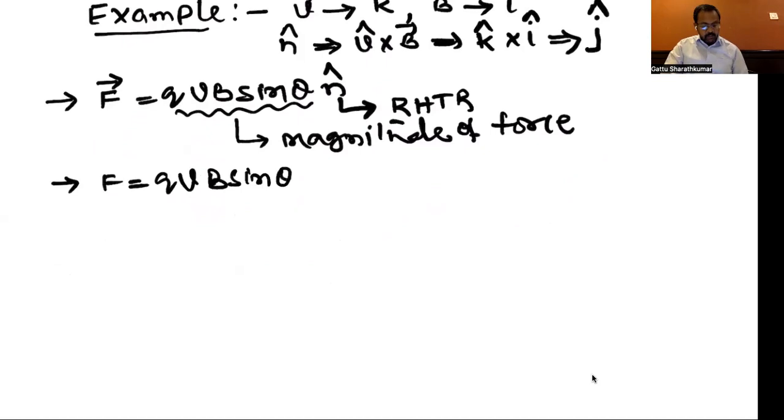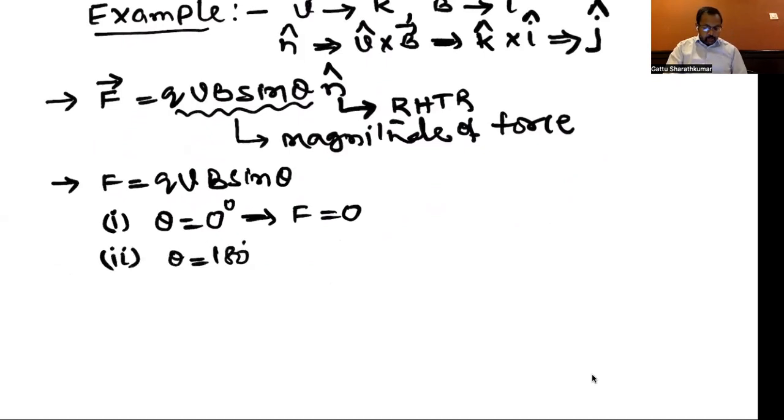In this, the first point, let me take theta equal to 0 degree. Meaning is force becomes 0. There is no force acting on the particle if it is shot parallel to the magnetic field. Number 2, if theta is equal to 180 degree, in that case also force will be 0, anti-parallel to the magnetic field. Third case, let me take theta equal to 90 degree.